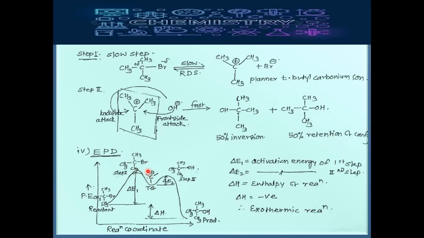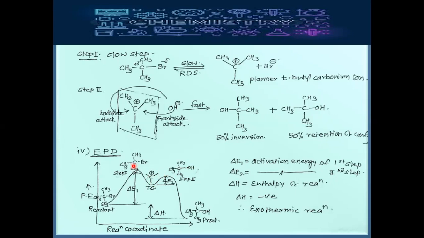Now it has planar geometry. On this tertiary butyl carbonium ion, the nucleophile approaches from the backside as well as from the front side. As the nucleophile approaches, the energy of the system again goes on increasing and reaches the maximum level, where the C-OH bond is not formed yet. So it is not completely formed. It has maximum energy content.